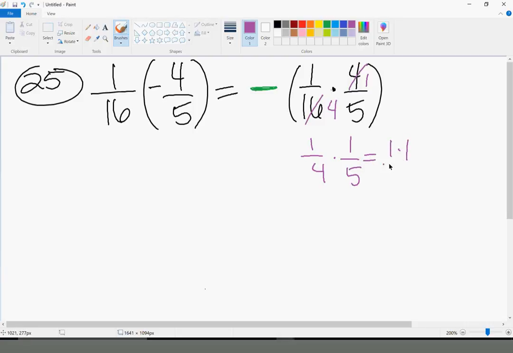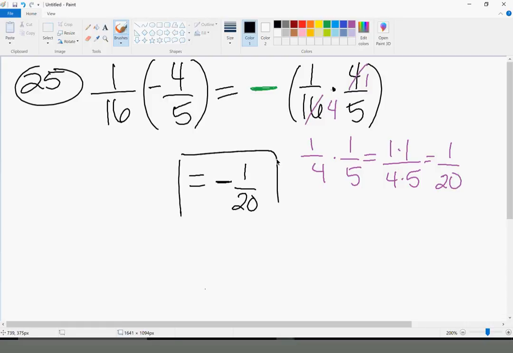And now we can multiply straight across. 1 times 1 over 4 times 5, which would be 1/20. So your final answer here would just be negative, because we're multiplying different signs, so the answer is negative 1/20.